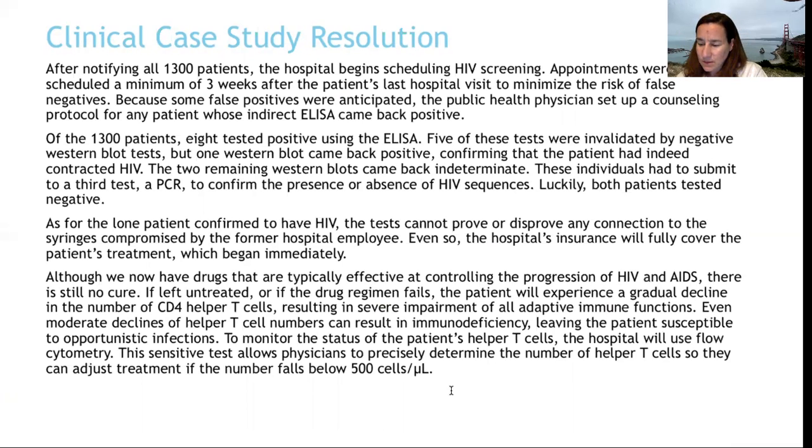Okay, so resolution. The hospital tested all 1,300 patients 3 weeks after they had been exposed to that employee. There were some false positives from those indirect ELISAs. We had 8 test positive using the ELISA test. 5 of them were invalidated by negative Western blots.